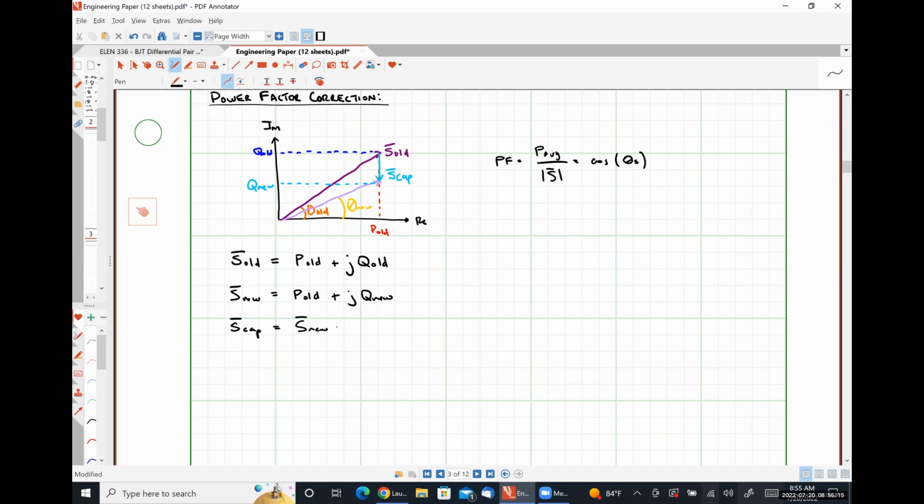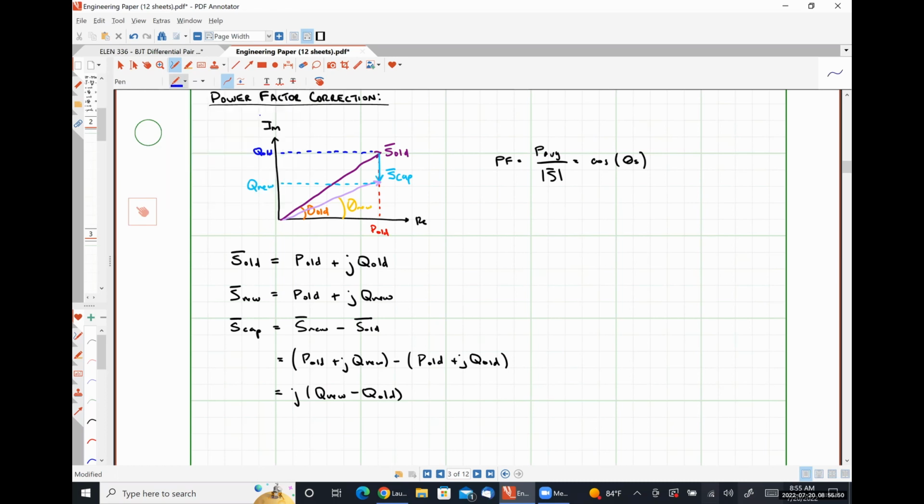So we'll have S new minus S old, or P old plus j Q new minus P old plus j Q old, gives us j times Q new minus Q old.